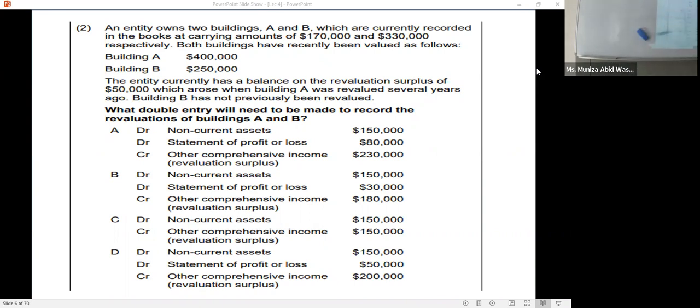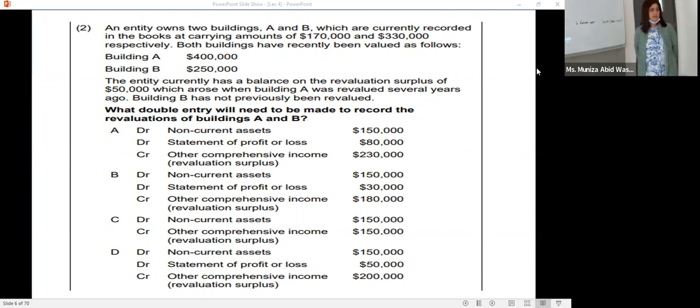So in credit, revaluation surplus can be 230,000. It is for building A. The difference is 400,000 minus 170,000, so it's 230,000.